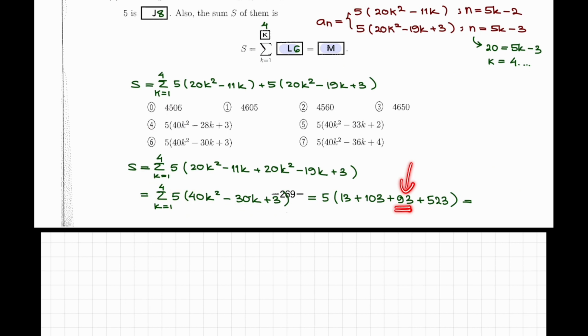This one should be 273. If you add all of them and then multiply by 5, your final answer is 4,560. So your final answer is number 2.